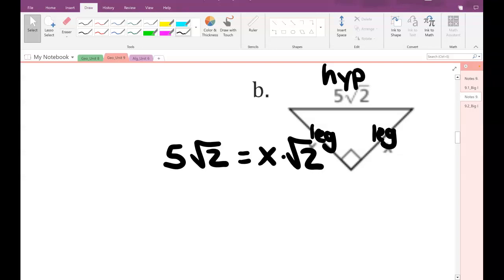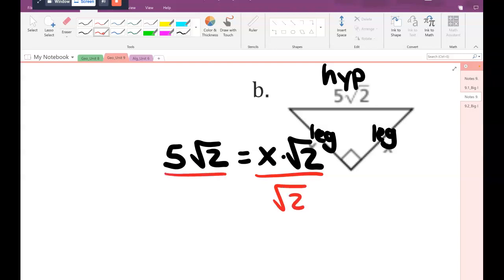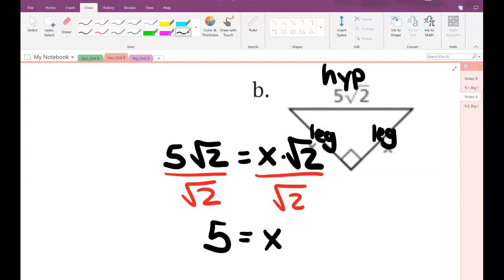And if you were going to do this by solving, you would divide each side by the square root of 2. Because then we have just x left on one side. And then on the other side, we would have a 5, because the square root of 2 divided by itself simplifies to 1.